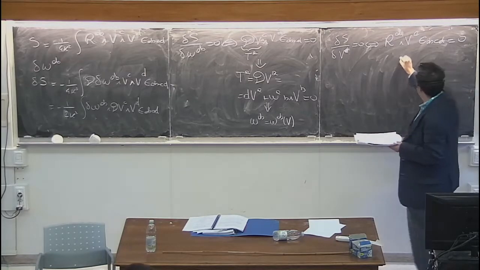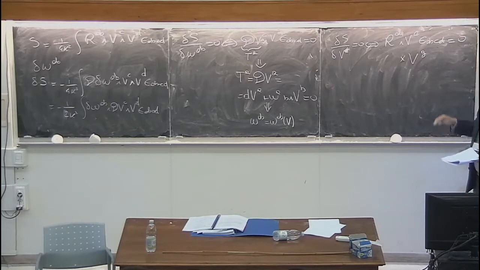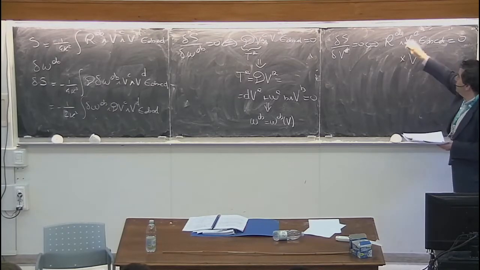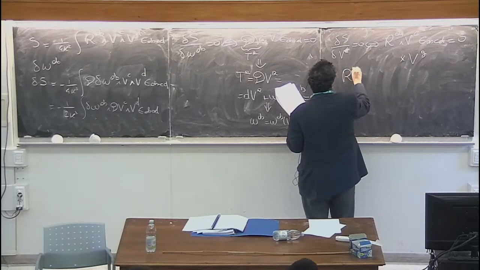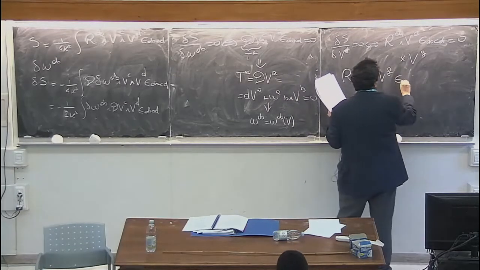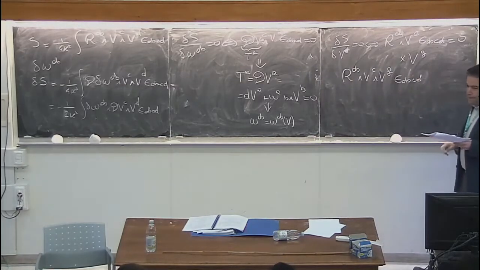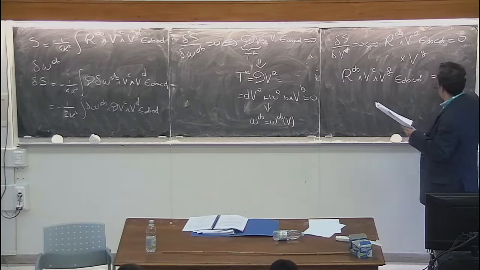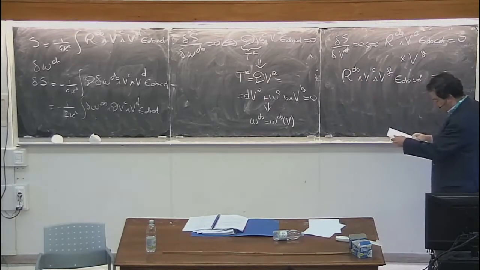another index which is not there, V^G, where G is another index which has nothing to do with the indices here. What we get? We get R^AB wedge V^C, wedge V^G, epsilon ABCD, that has to be 0. Now you do the same derivation as we did before.